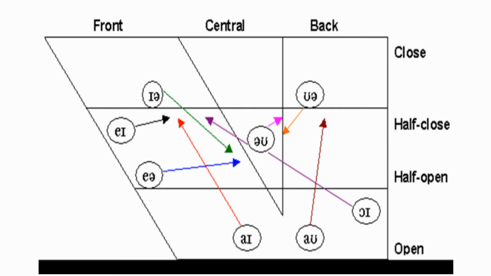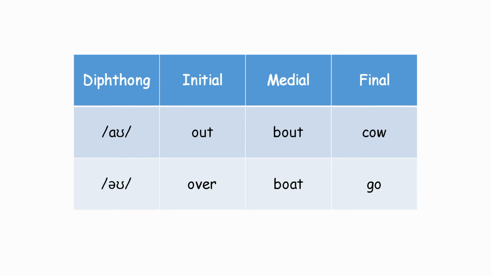Now let's see the examples, how this happens initially, medially, and finally. Initially, it happens in words such as OVER. People used to say this one as "over". O is not there in English. Ow is also not there in English.